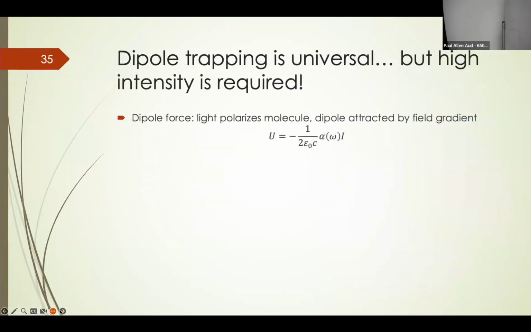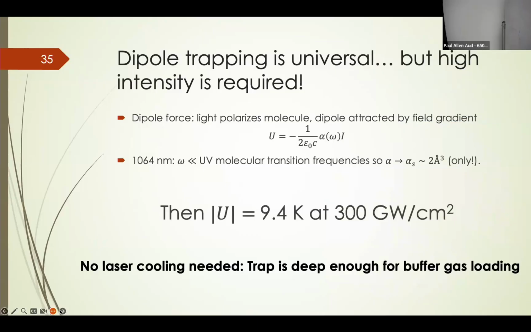So the idea was, can I use the extremely high intensity made by those cavities to build a dipole trap that would have roughly 10 Kelvin trap depth? And that is the case at 300 gigawatts per centimeter squared, which we demonstrated, as I've shown, right? And then I could load directly from a buffer gas and essentially trap any molecule that will not fall apart at this high intensity.